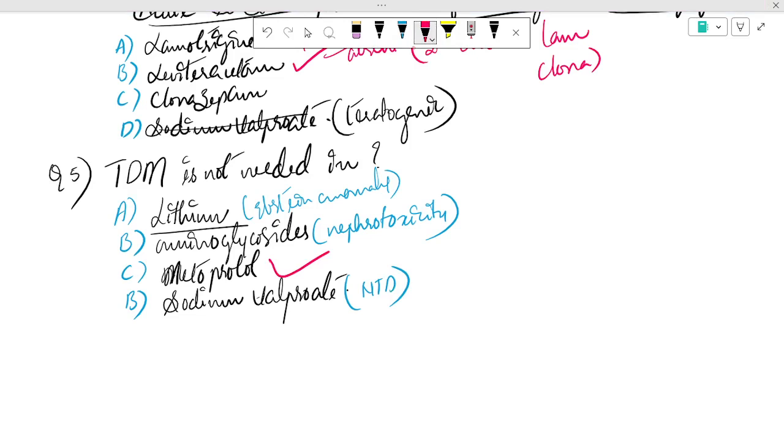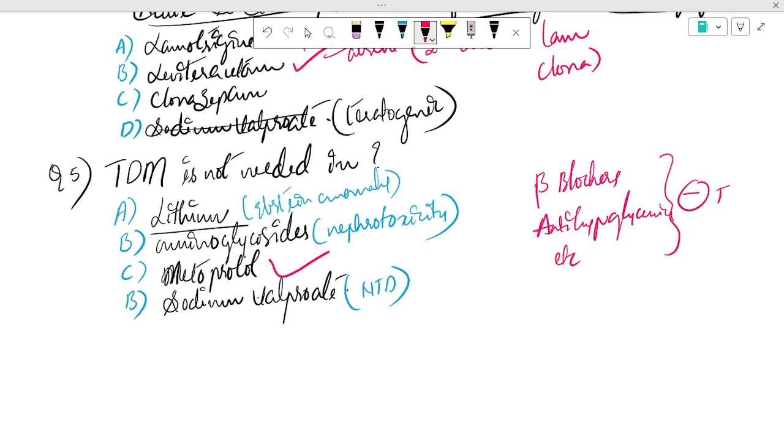See, metoprolol doesn't need therapeutic drug monitoring. Not only metoprolol, you take beta blockers, anti-hyperglycemics, and some other drugs, etc. These don't need therapeutic drug monitoring.